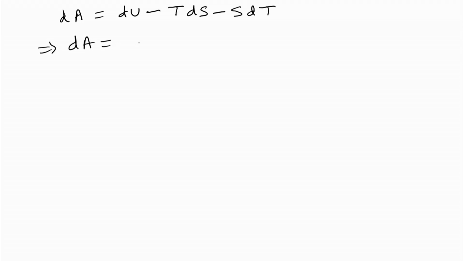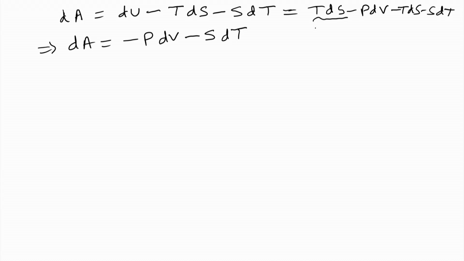Then we have A. So dA is dU minus TdS minus SdT. If we further simplify this, dU you can write as TdS minus PdV, minus TdS minus SdT.